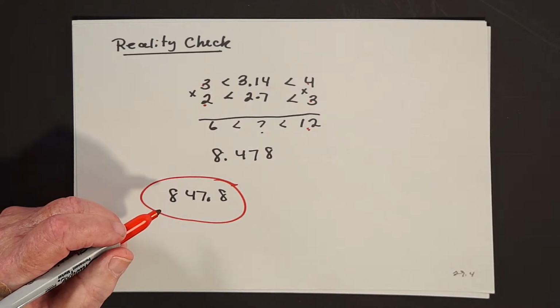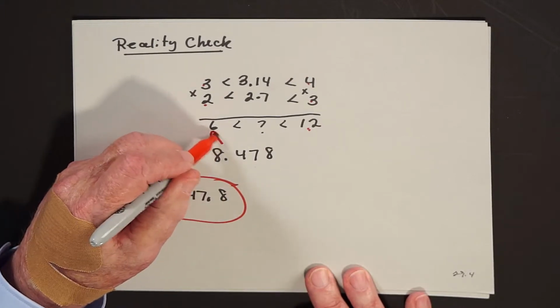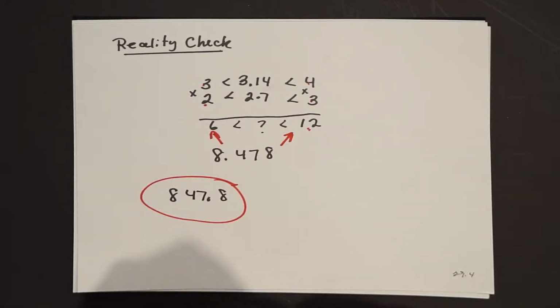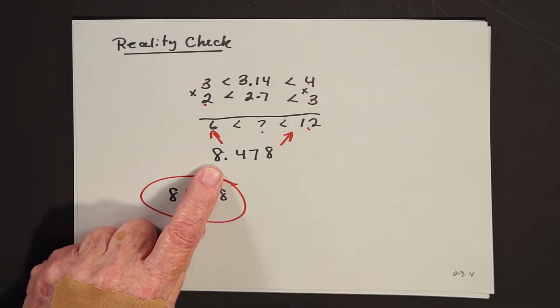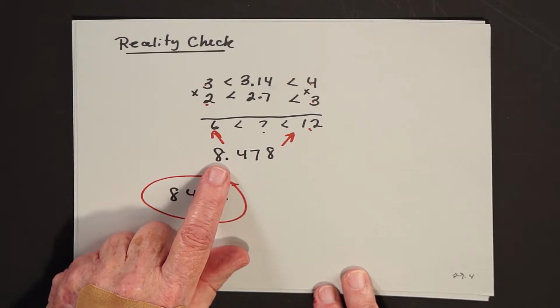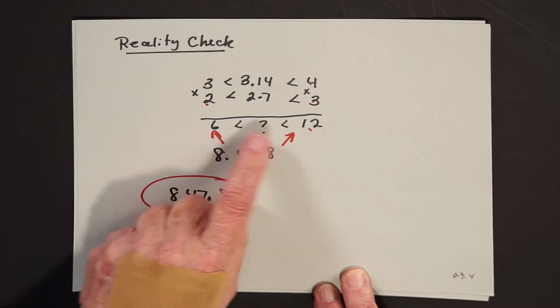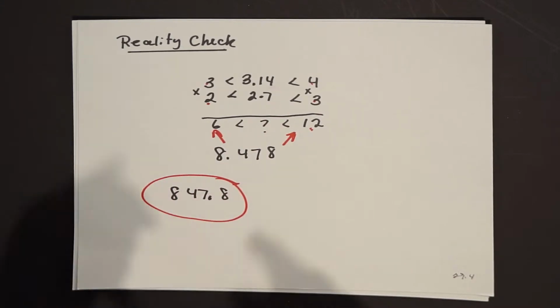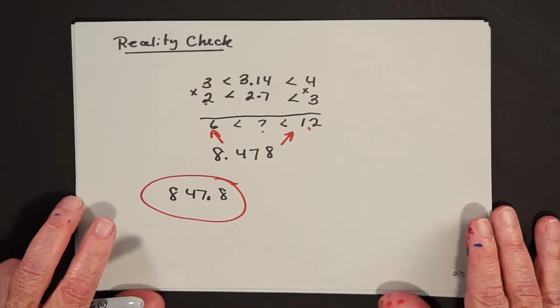But 847.8 isn't one of them. On the other hand, 8.478 is in this range. At least it tells me that this is a plausible answer. It's conceivable I still made a mistake in multiplying. What if I wound up with 8.578 by mistake? I'd still be in the right range even though I was wrong, but it helps prevent me from making a very serious mistake.